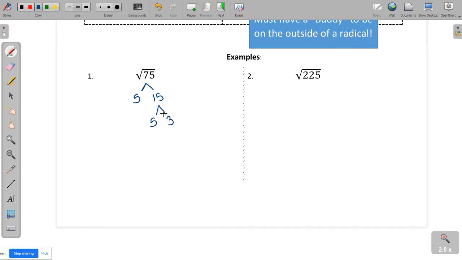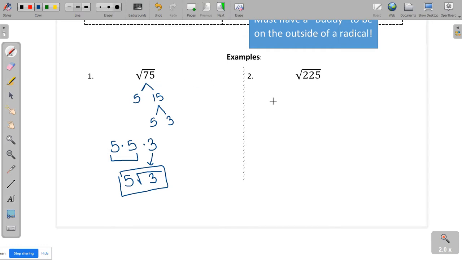So 5 is prime, 3 is prime, so we stop here. So we write our factors, 5 times 5 times 3. Now we need our pairs. Our pairs go on the outside of the radical, and then our solo goes on the inside. So 5 square root of 3 is a simplified version of square root of 75.